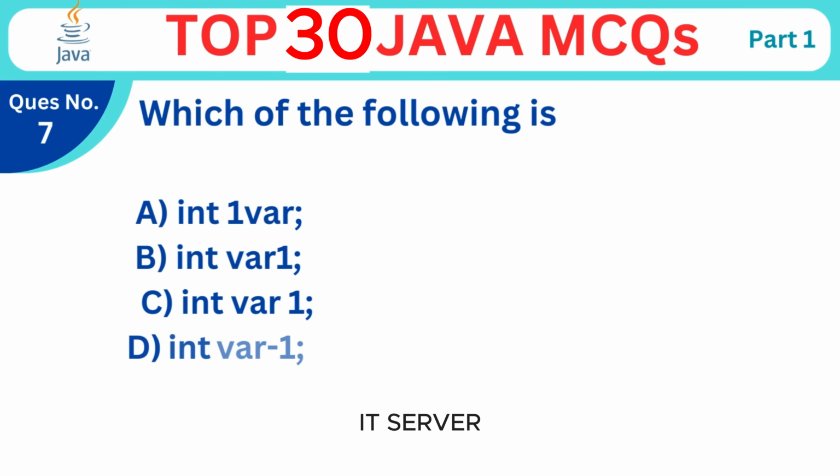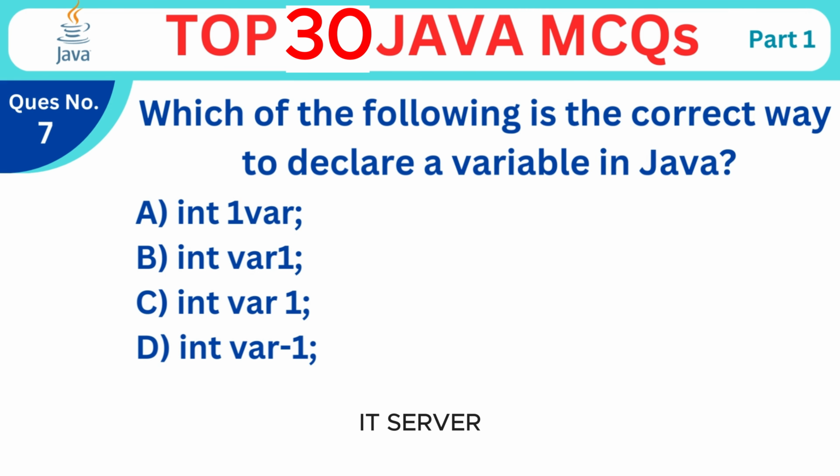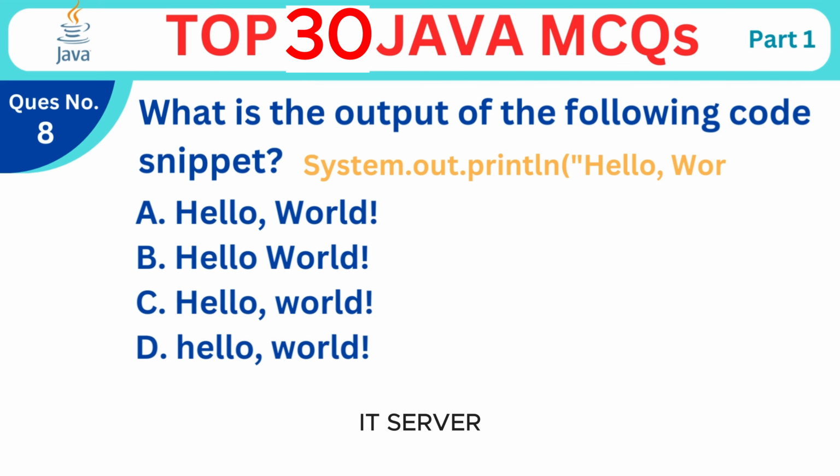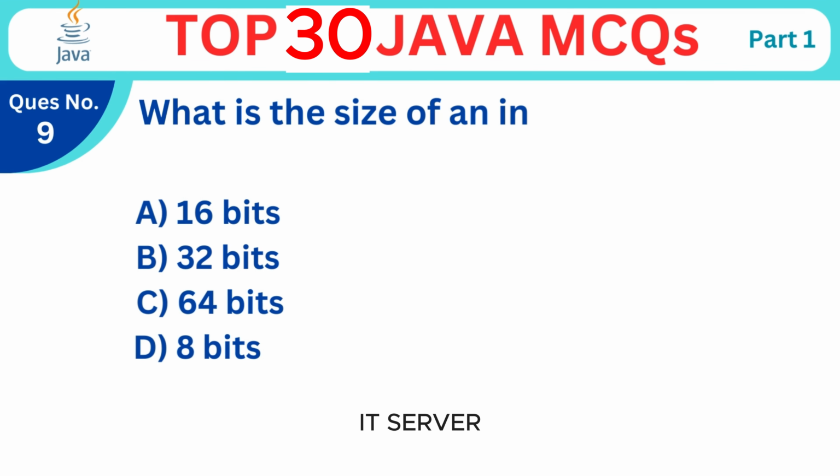Which of the following is the correct way to declare a variable in Java? What is the output of the following code snippet? What is the size of an int in Java?